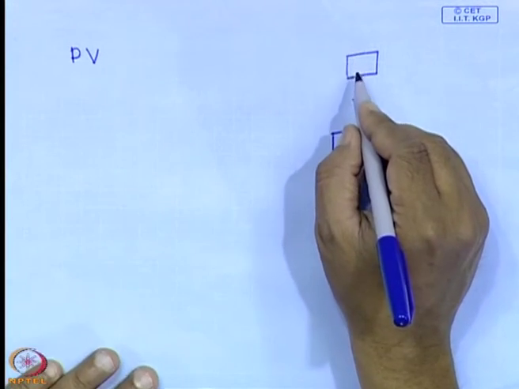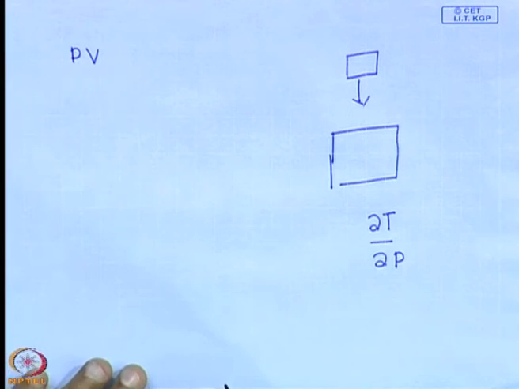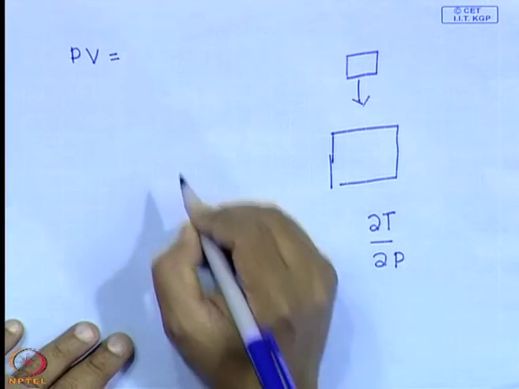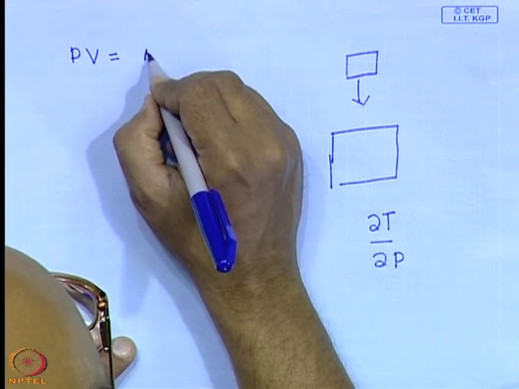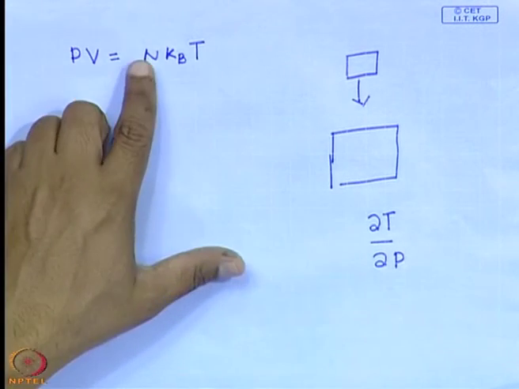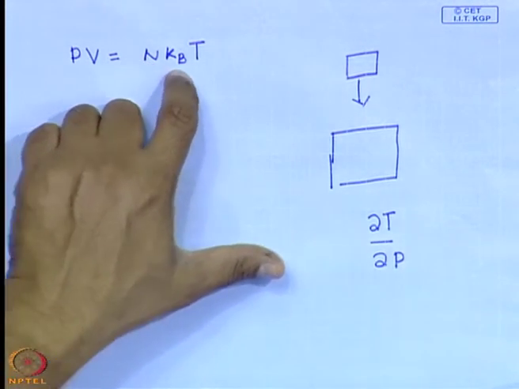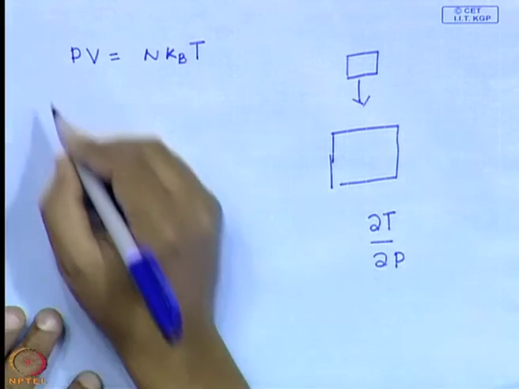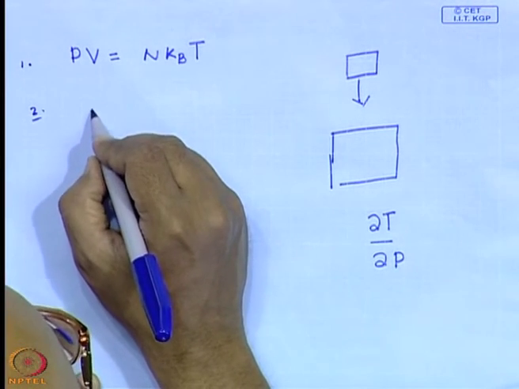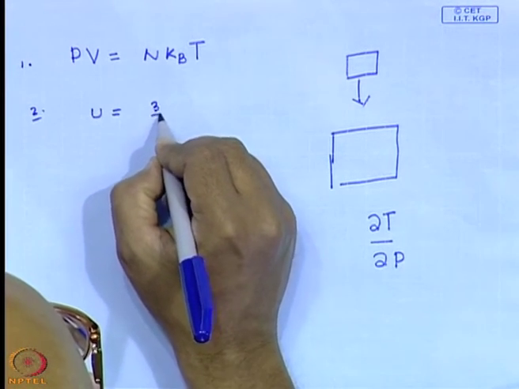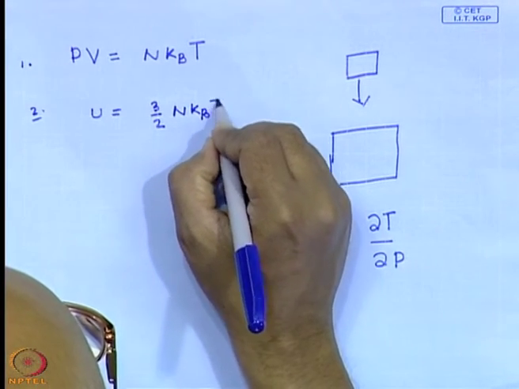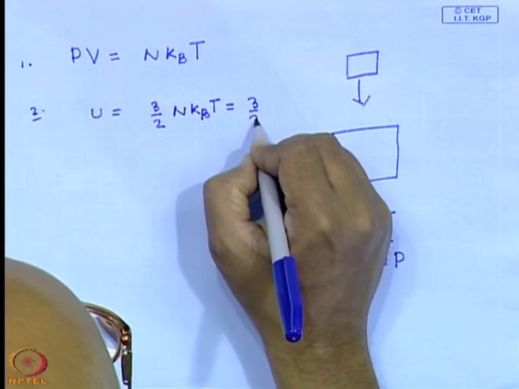The gas satisfies an equation of state that P V is equal to N k_B T. N is the number of particles, k_B is the Boltzmann constant, T is the temperature. And we also know that the internal energy of the gas U is 3/2 N k_B T, which we can also write as 3/2 P V.